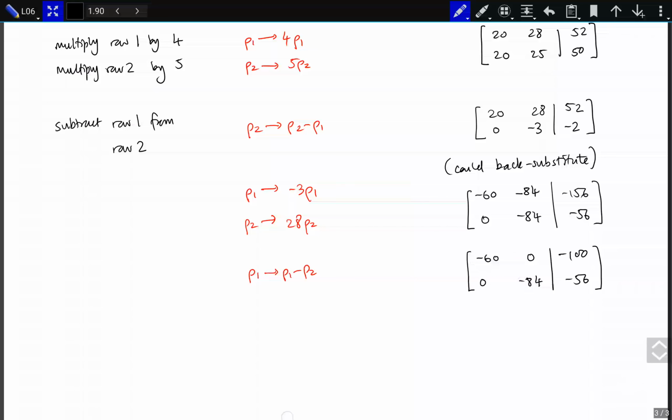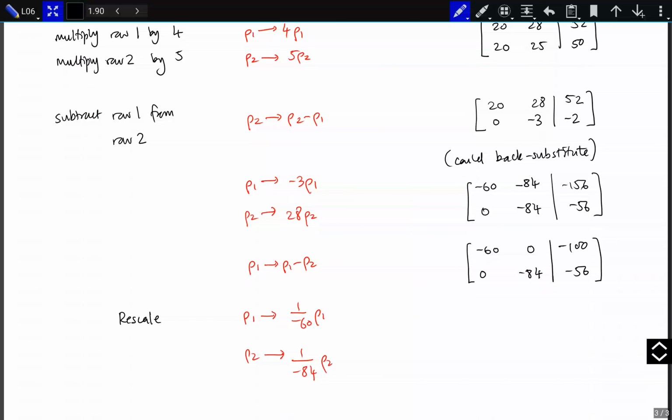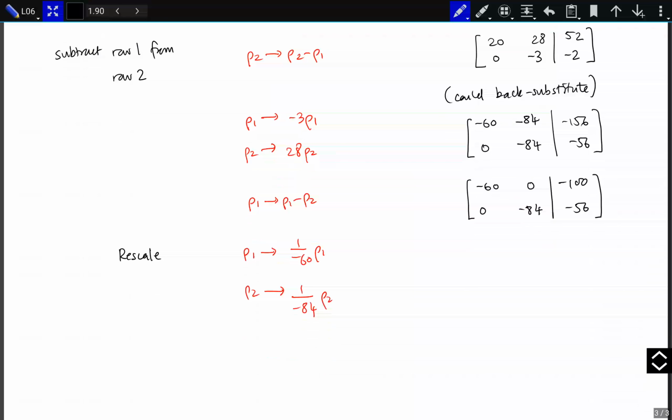So this time we're going to rescale to obtain row 1 becomes 1 over minus 60 row 1, and row 2 becomes 1 over minus 84 row 2, and this gives me 1, 0, 0, 1.